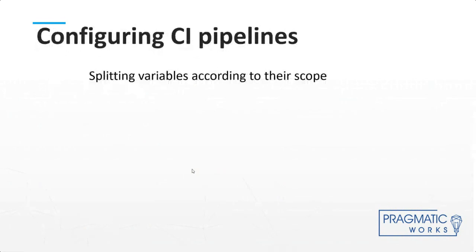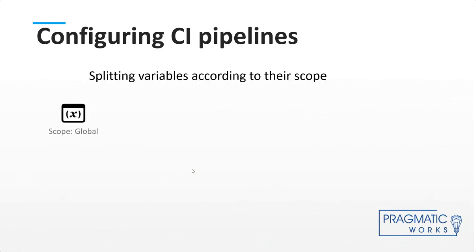Before you start designing your CI pipeline, you should keep in mind that all the configuration should be stored somewhere in variables, but it's a best practice to split your variables according to their scope across multiple variable groups.